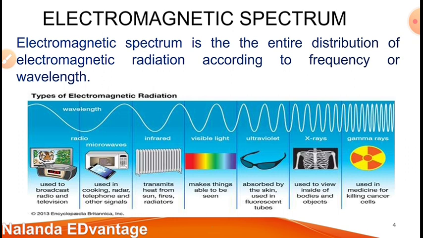UV rays are given by the sun, absorbed by the skin, and used in fluorescent tubes. X-rays are used to see the inside of the body and detect fractures. Gamma rays are used in medicine for killing cancer cells. So we have cobalt-60 and other isotopes of elements which help in curing cancer. So this is your electromagnetic spectrum containing all the radiations.